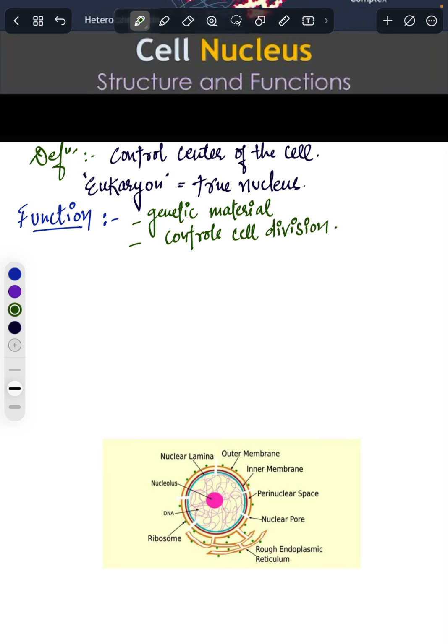Then it directs the functioning of the cell and provides a template for RNA and protein synthesis. Meaning during DNA replication, DNA translation and everything, it provides the functioning of the cell. It provides a template for RNA protein synthesis.